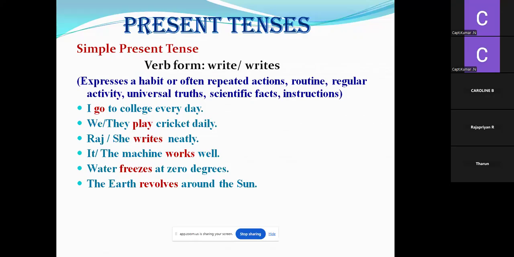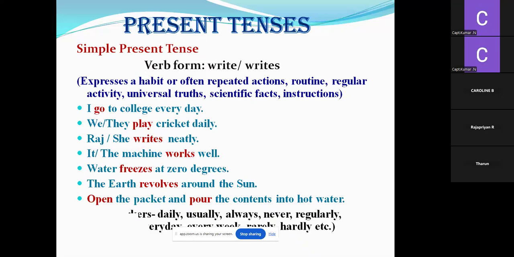The earth, again third person singular, and it is talking about a universal truth. So we are using the s form verb. This one is an instruction. Open the packet and pour the contents into hot water. So open, pour, both of these are just simple present tense.